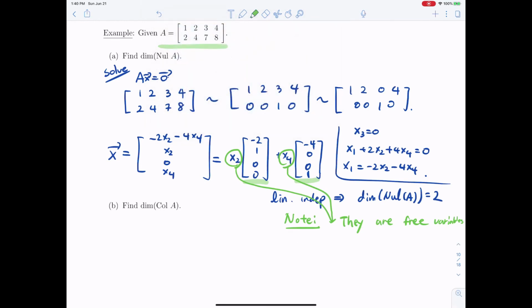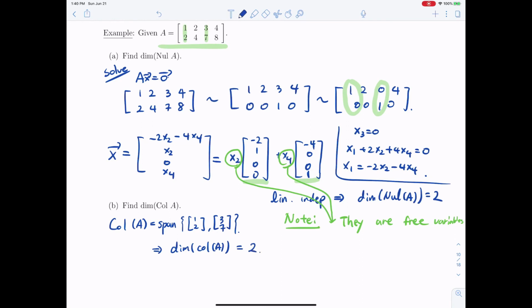And from the RREF of A, we know that the first and the third columns are the pivot columns of A. So the basis for the column space should be the first and the third columns of the given matrix. So the column space of A is given by the span of, I guess, 1, 2, and 3, 7. So we can tell that the dimension of the column space of A equals 2.